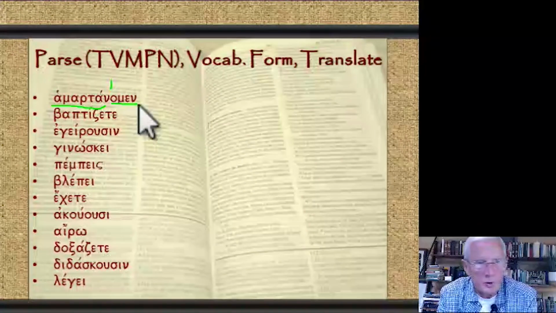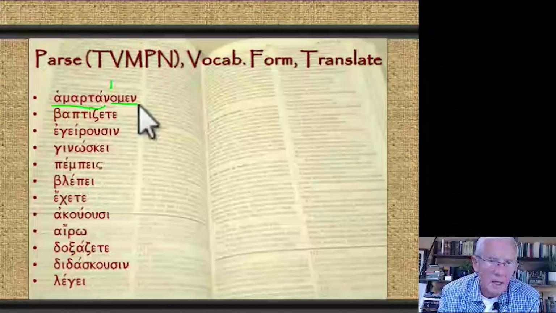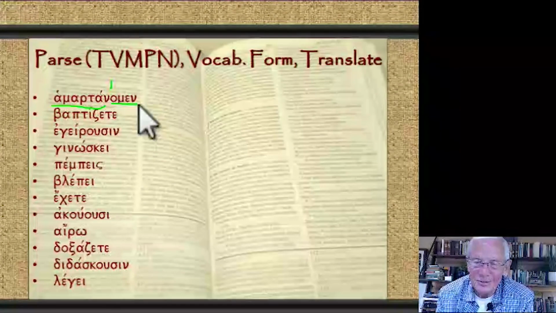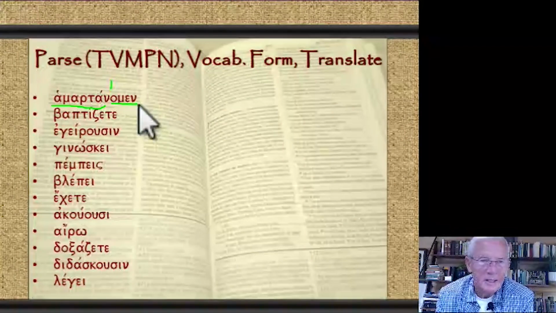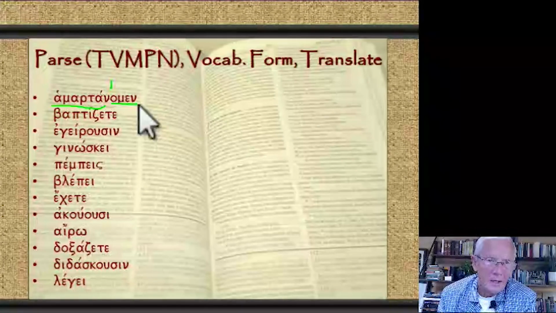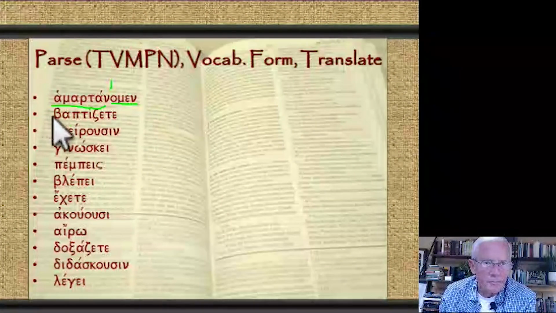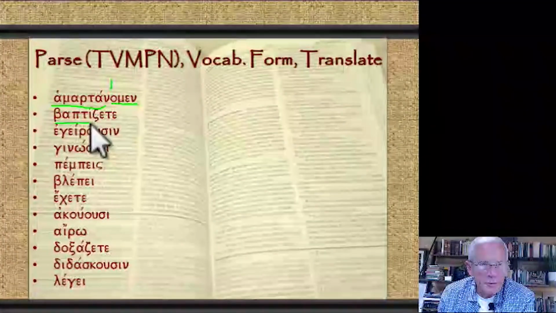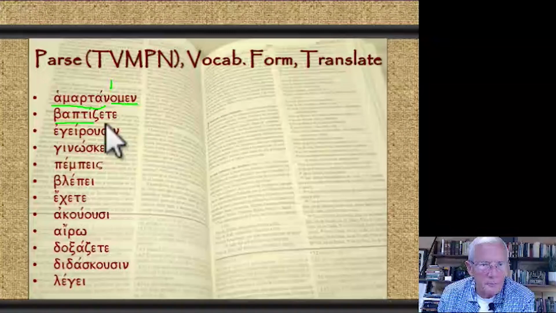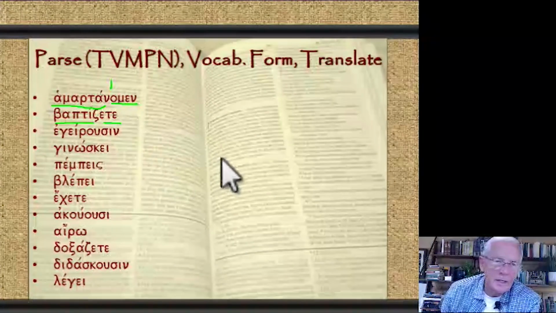Look at the first one, hamartanomen. Hamartan is the stem, omen is the ending. The same holds true for the next word, baptidzete. Here we have the basic stem with baptids, and ete is the ending.